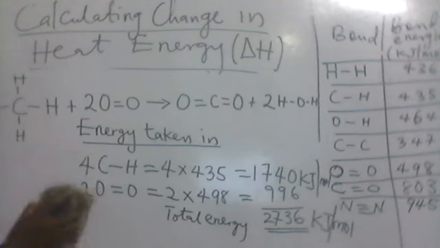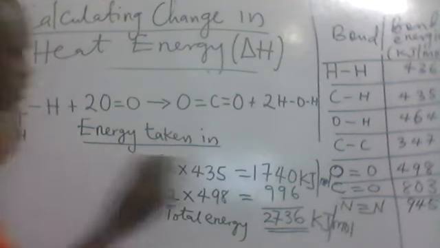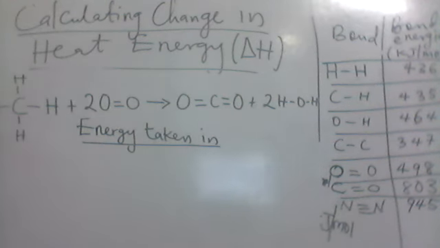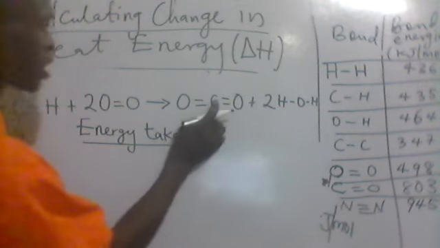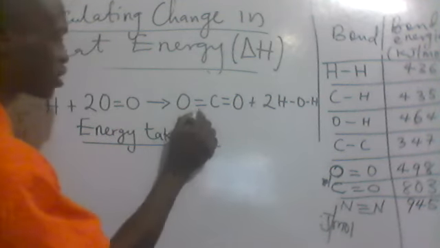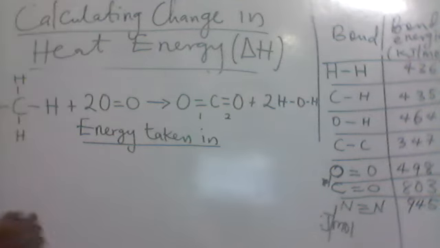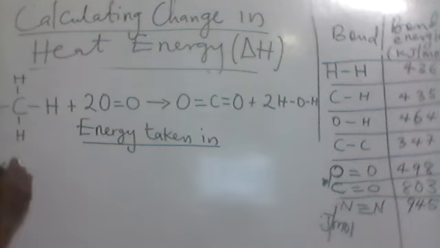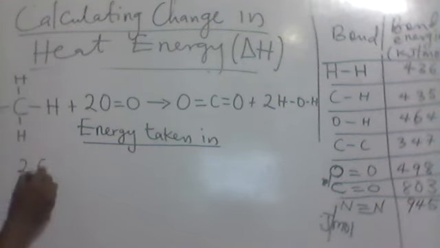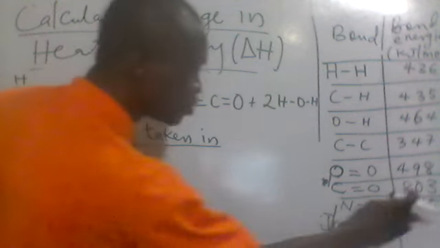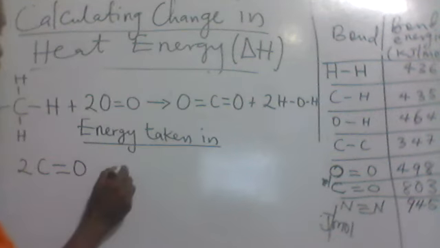All right. So let's quickly look at energy given out. That is the product, as we said earlier. This is carbon to oxygen, and we have 2 of them. So we have 2 carbon to oxygen double bonds, and our carbon to oxygen double bond is 803.